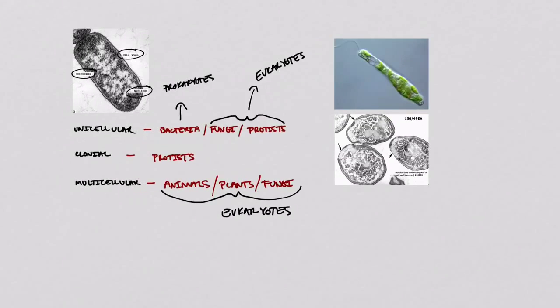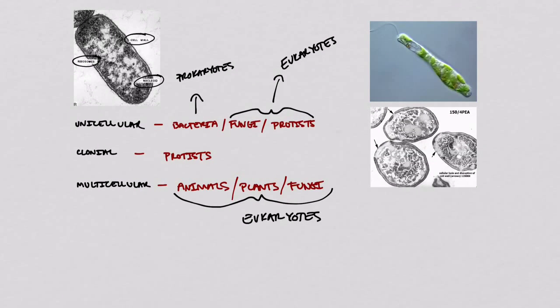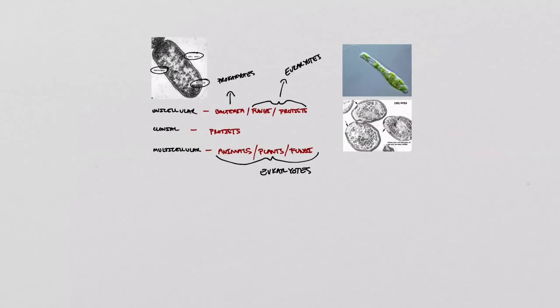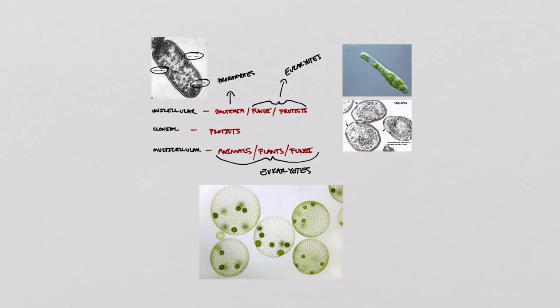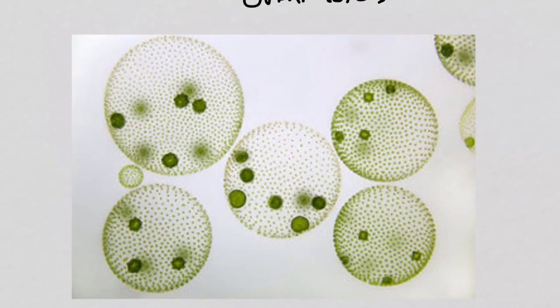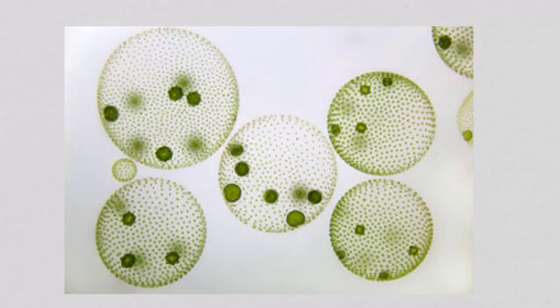Okay, I'm not going to embed pictures of animal, plant, or fungi cells besides this yeast, but I am going to show you an example of a colonial organism. This right here is an example of a colonial organism. It's a protist. It's also green, so surprise, surprise, filled with chlorophyll. It's got chloroplasts. It's performing photosynthesis.